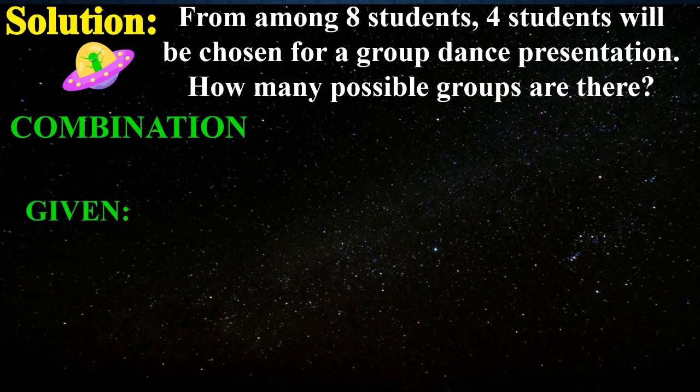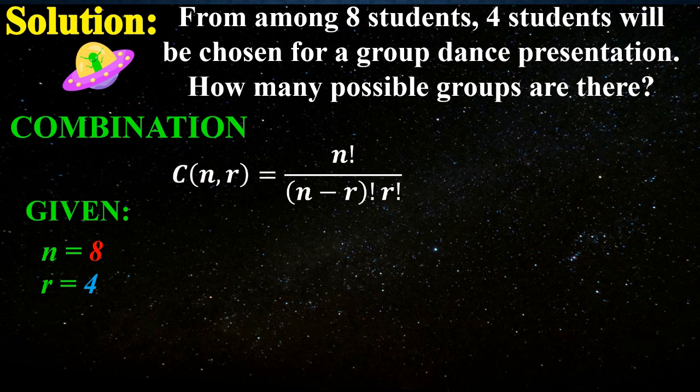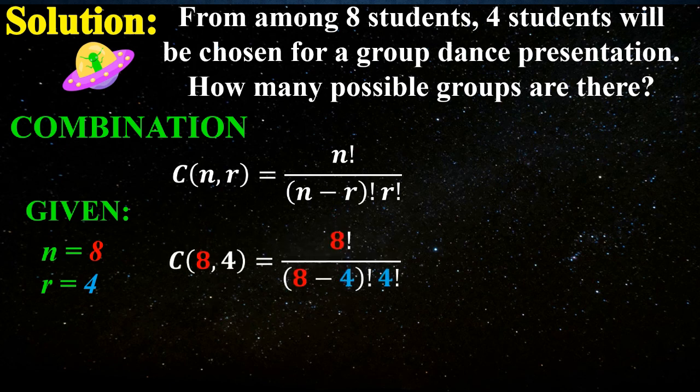Now let us get the given. n is equal to 8 and r is equal to 4. The formula for combination is n factorial over the quantity of n minus r factorial times r factorial. Replace n with 8 and r with 4. Then, 8 minus 4, we have 4.